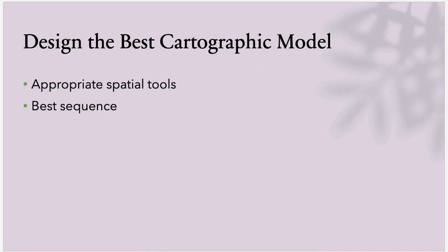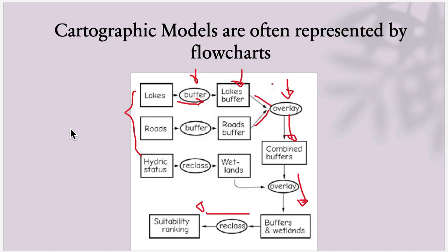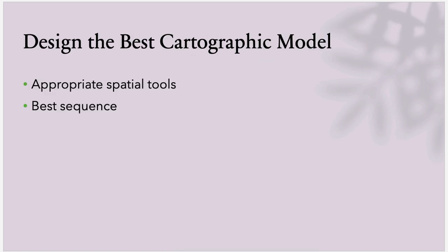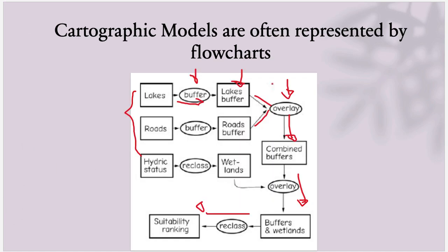It's very important to design the best cartographic model. To do that, you want to use the appropriate spatial tools and the best sequence. Here we used three different spatial tools: buffer, reclass, and overlay. So it's very important to know what type of tools you need to find a suitable location.